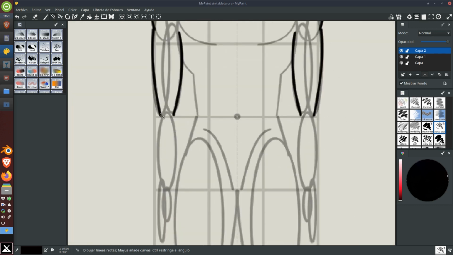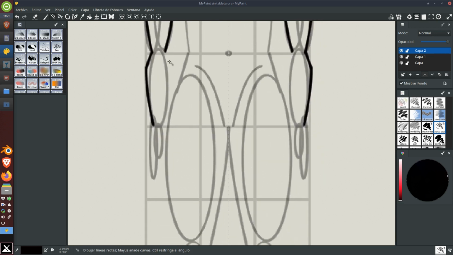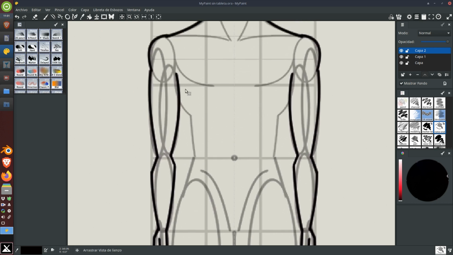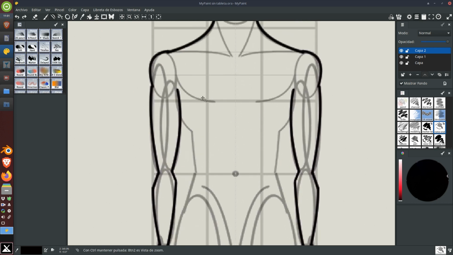So I get to the inside, from here to there. From here we also have that line. Then here we're going to have the thumb. From here we are going to have, oh, that was too much.